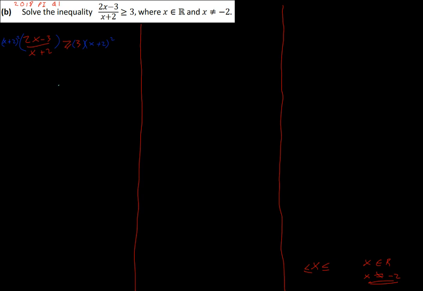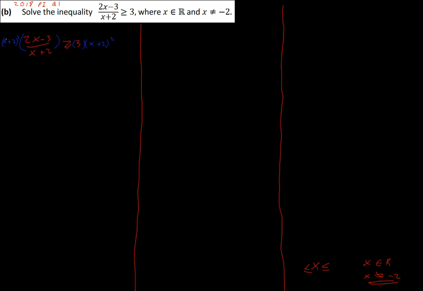Because if I multiply my inequality by a negative number, I have to swap around my inequality sign. So this would have to go to being a less than or equal to sign if I multiply by a negative number. I don't know whether I'm multiplying by a negative number because I've got stuff involving x. I know I'm multiplying by a positive number if I have something squared. So I can't multiply both sides by x plus 2 to get rid of the fraction. I have to multiply by something that's guaranteed to be positive, which is (x plus 2) squared.